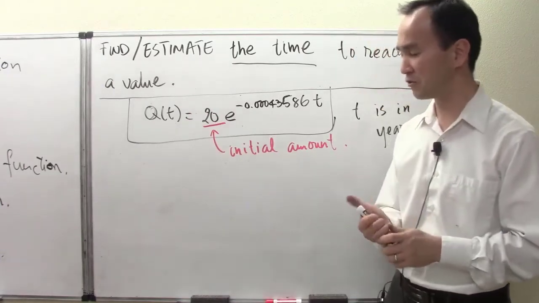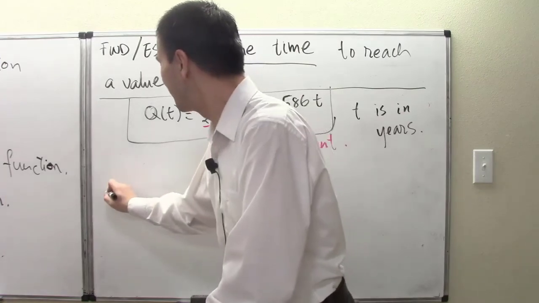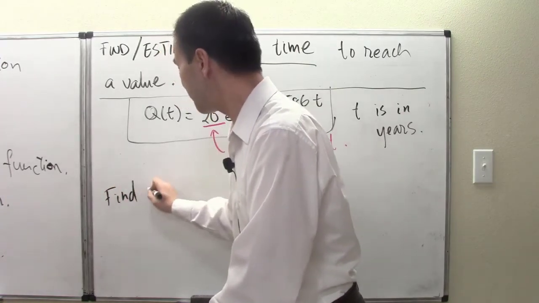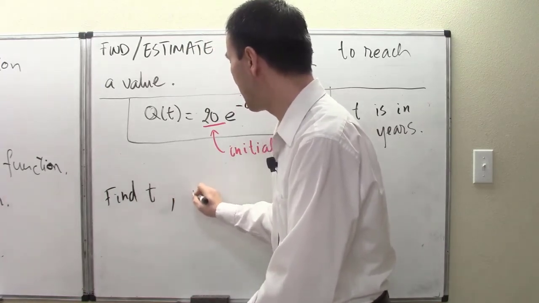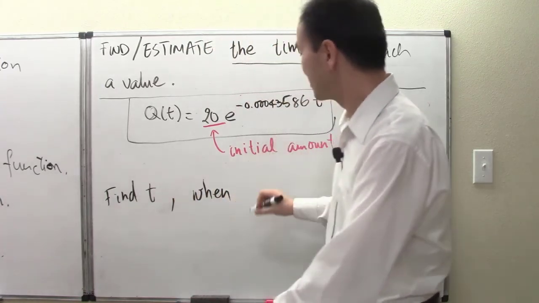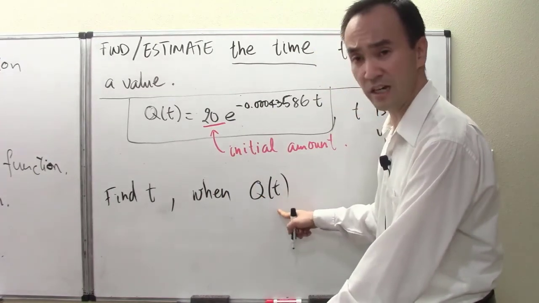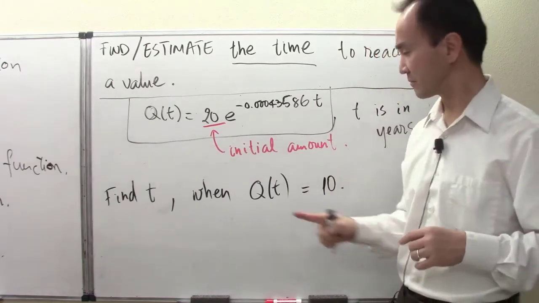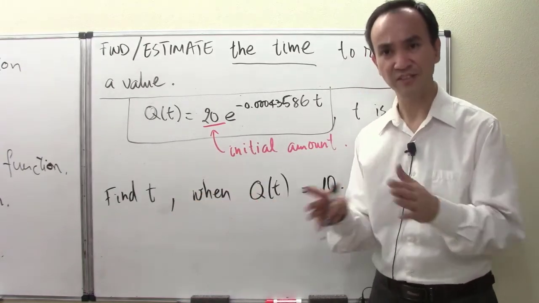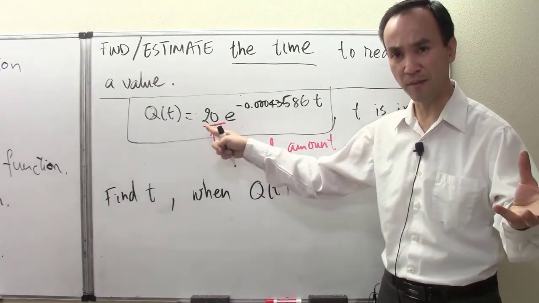So to find half-life, we want to find a value for t when our quantity equals only 10, because it's half. Half-life is the amount of time it takes to reduce from some initial amount to only half.